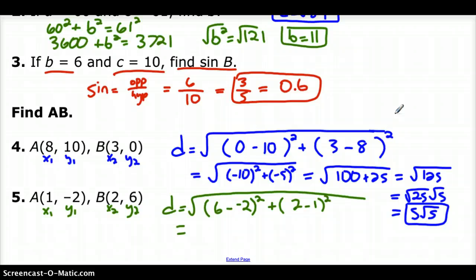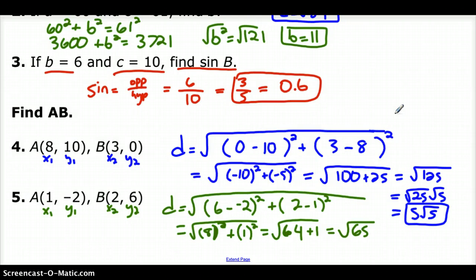Continuing on, this gives me 8 squared plus 1 squared. Sorry, I jumped ahead of myself there. It's going to be 64 plus 1, which ends up giving me 65. So radical 65 here cannot be simplified, and that is our final answer.